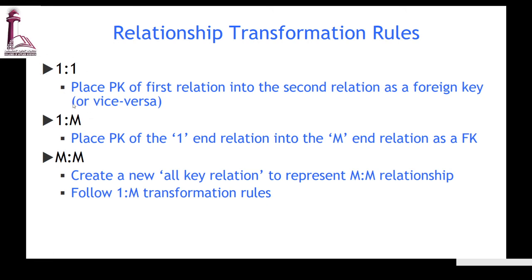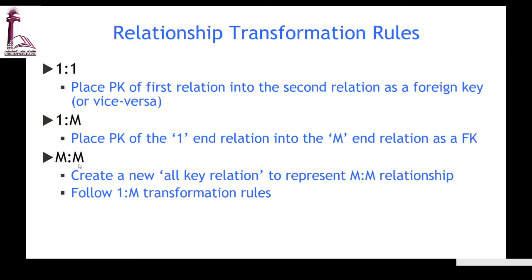And then next, one-to-many relationship. Here you must place the primary key of the one-end relation into the foreign key of the many-end relation. So the primary key of the one-end table should be taken as a foreign key for the many-side table. This is the transformation rule. And then next relationship is many-to-many relationship. As I told you before, many-to-many relationship is not practically possible.